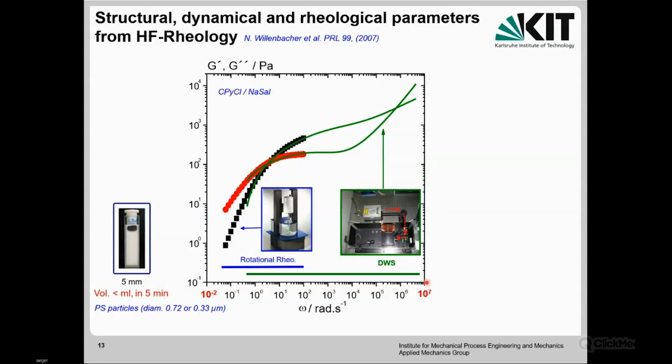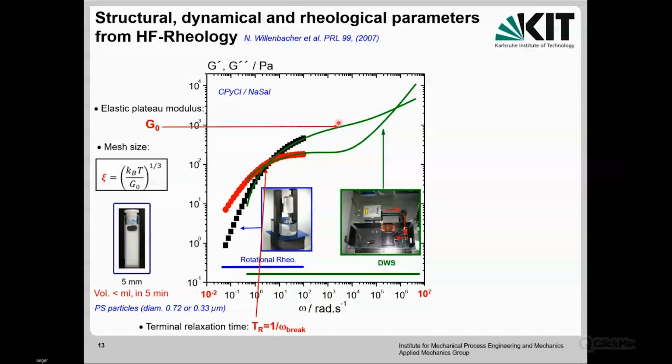So which information do we get out of this rheology curve? From the first crossover, we can calculate the relaxation time of this chain. From this plateau of G', we can read directly G0, which is called the elastic plateau modulus, and gives you information about the elasticity of the network.